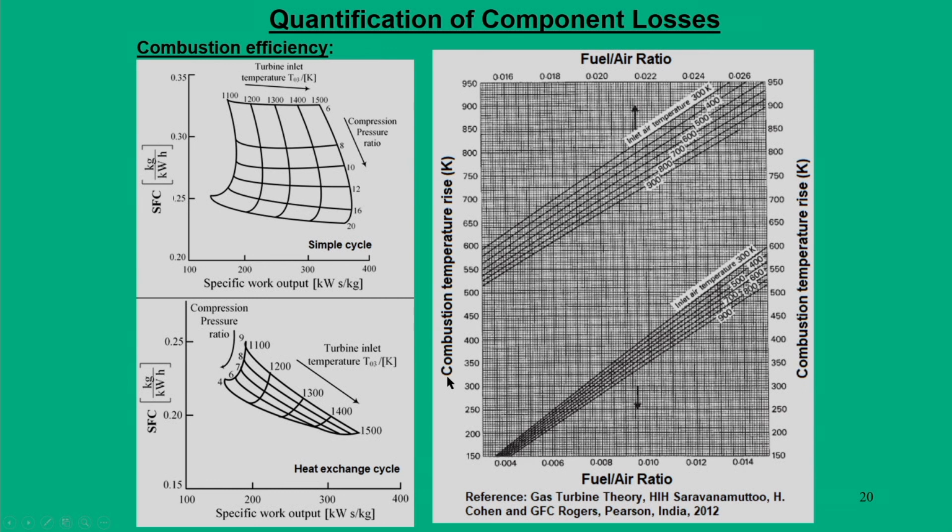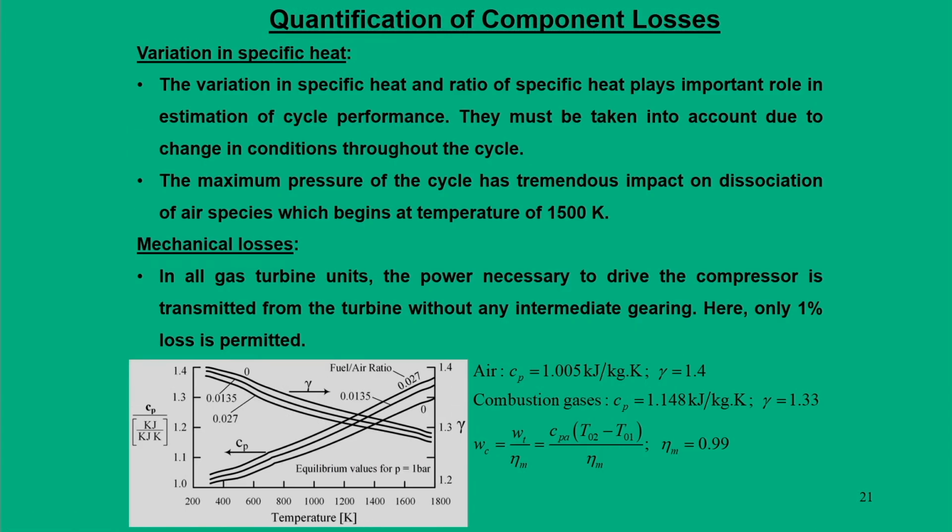The temperature rise is defined on the y axis, and the given inlet air temperature that comes out from the compressor is drawn as this line. That means if you know the inlet temperature of air and the combustion temperature rise, then you can easily read off the fuel air ratio. These curves show how you are going to get the fuel air ratio graphically, and these graphs have been plotted over a wide range of operating temperatures. So, graphically it is possible to quantify.